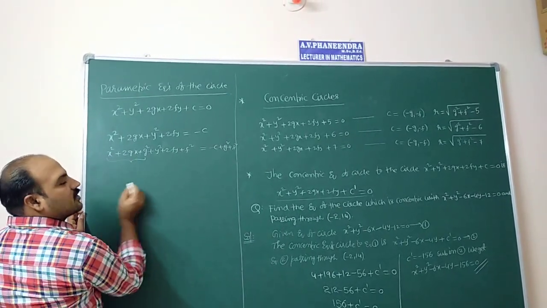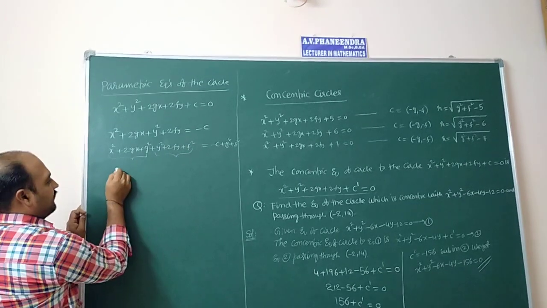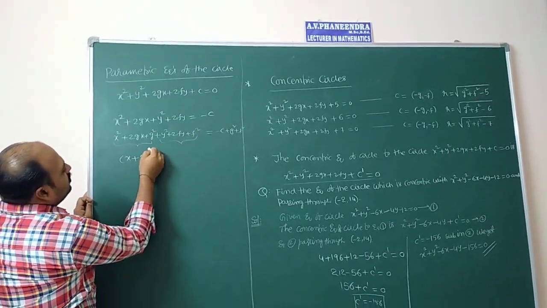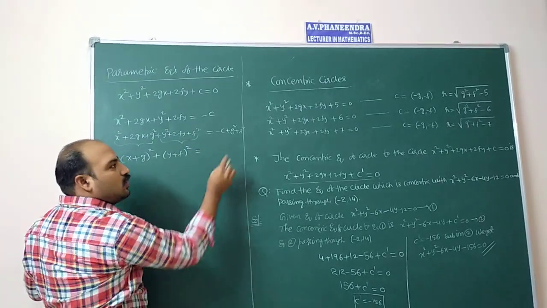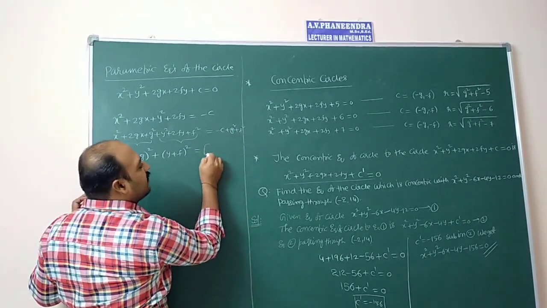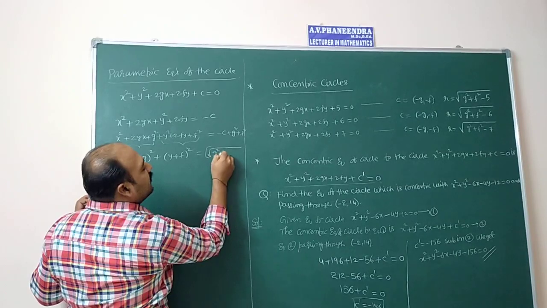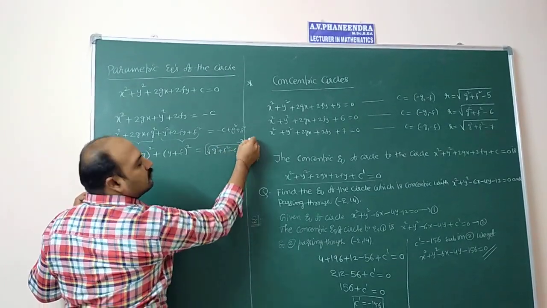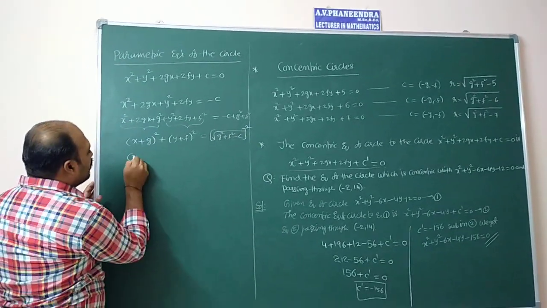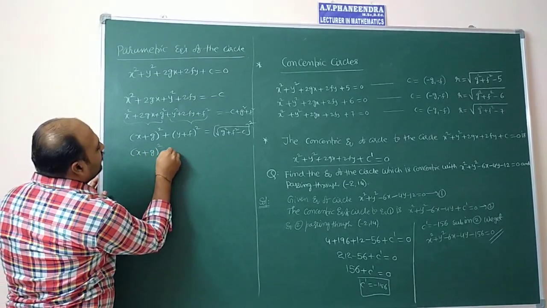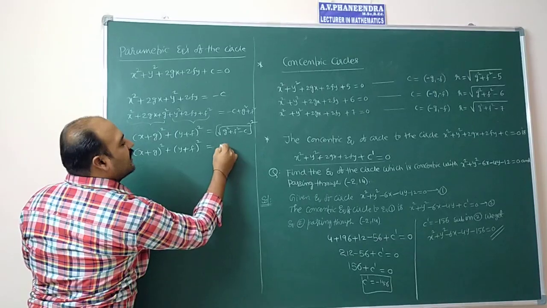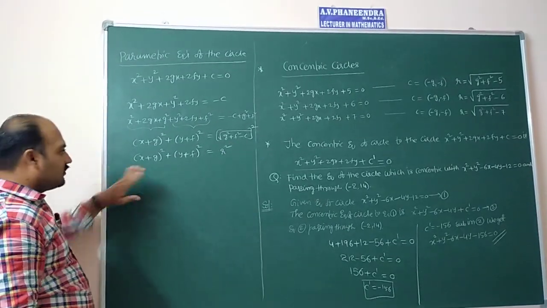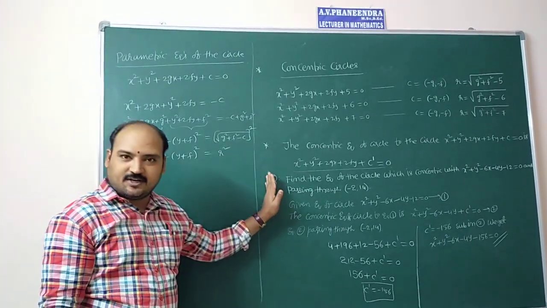This is the expansion of x plus g whole square, and this is the expansion of y plus f whole square. So x plus g whole square plus y plus f whole square is equal to g square plus f square minus c. Can we write this as root of g square plus f square minus c whole square? We can write it. So x plus g whole square plus y plus f whole square is equal to this value, which is the radius square. This is the LHS side, this is the RHS side.